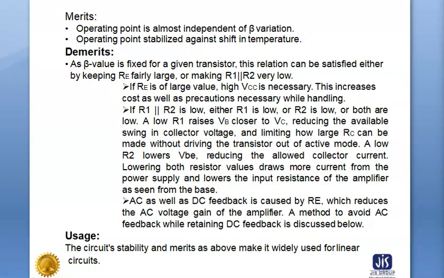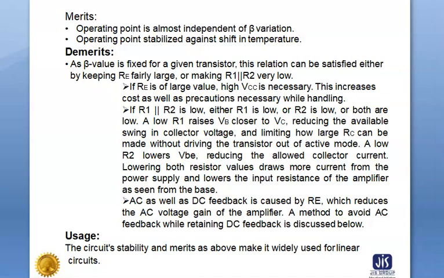A low RB2 lowers VBE, reducing the allowed collector current. Lowering both resistor values draws more current from the power supply and lowers the input resistance of the amplifier as seen from the base.